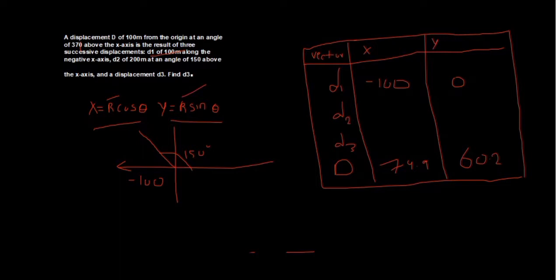Knowing that our r is 200, it will be 200 cosine theta for the x component, 200 cosine 150, which is negative 173.2.